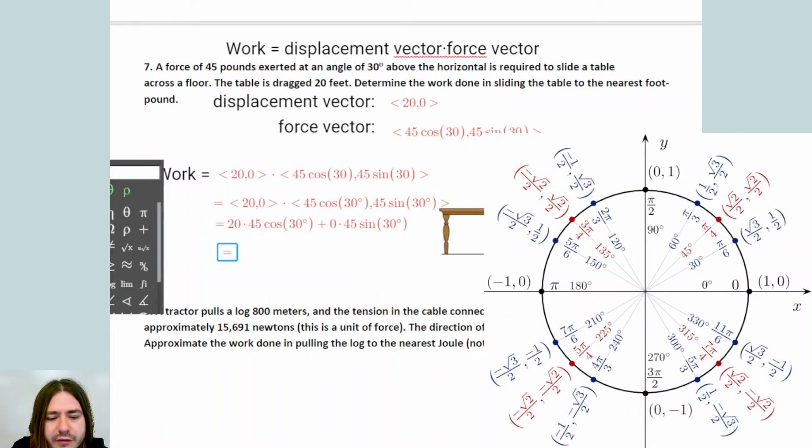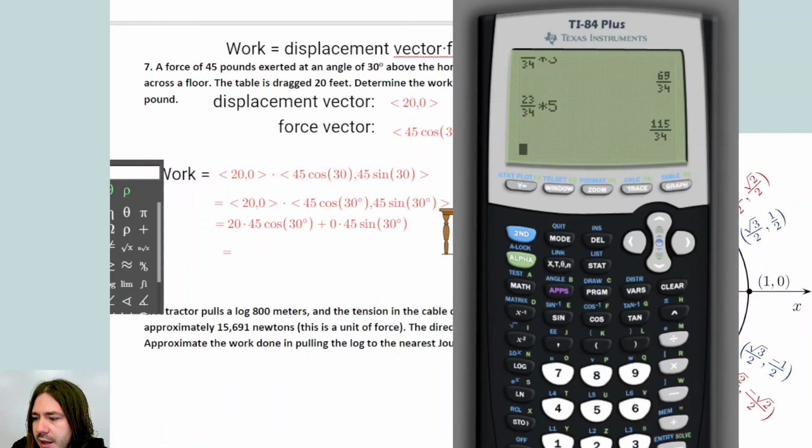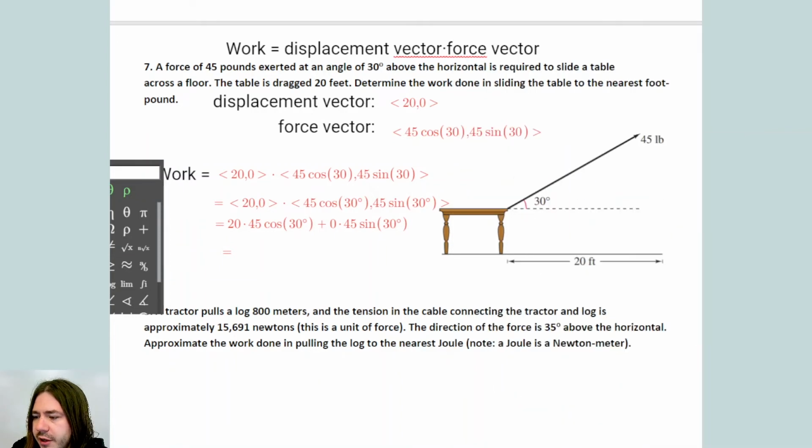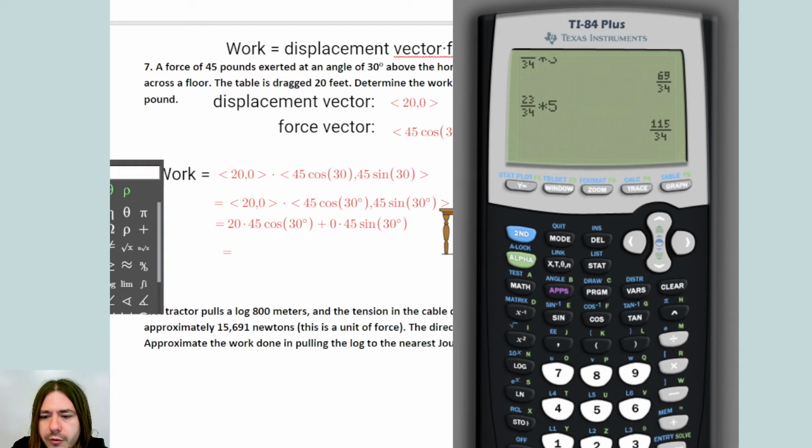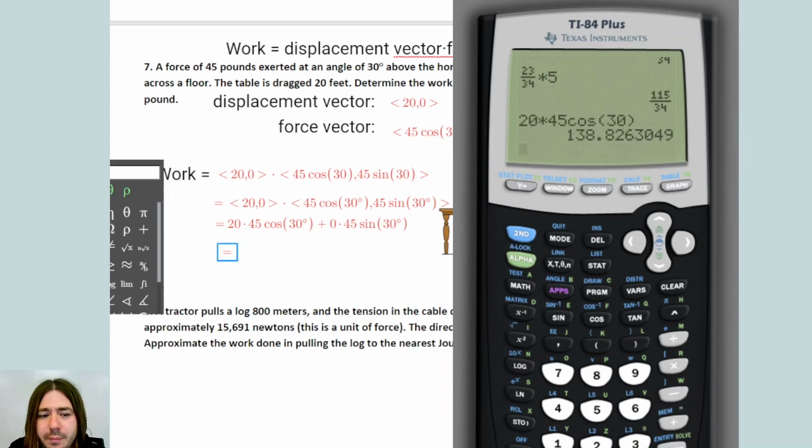We could give an exact answer here since it is one of those common angles, but I'm just going to get a rounded answer. So we've got 20 times 45 times the cosine of 30 degrees, and we get approximately 138.826.